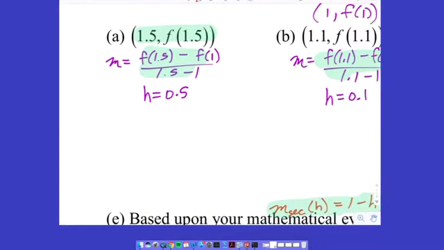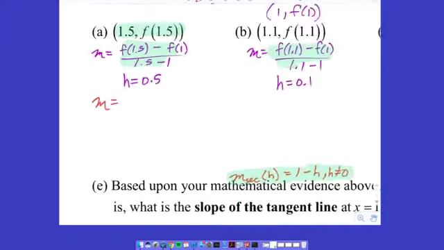What is the slope of the secant line? Well, notice we don't have to compute f of 1.5 and then subtract it from f of 1, because we did all that work already one time. I just need to figure out the slope of the secant line when h is equal to 0.5. Well, plug it in here. What's 1 minus 0.5? 0.5. So the slope of that secant line would have been 0.5 if I had drawn it from 1 to 1.5.